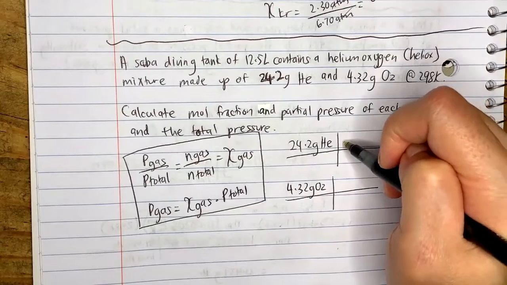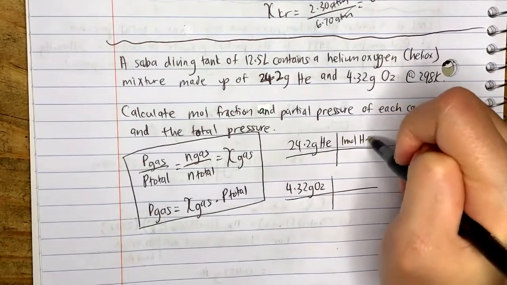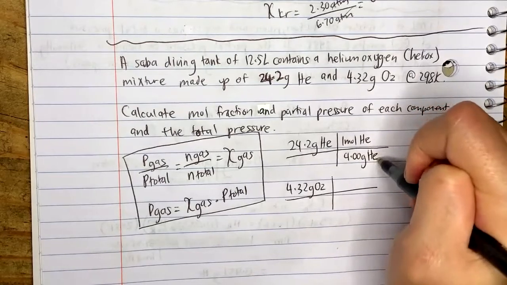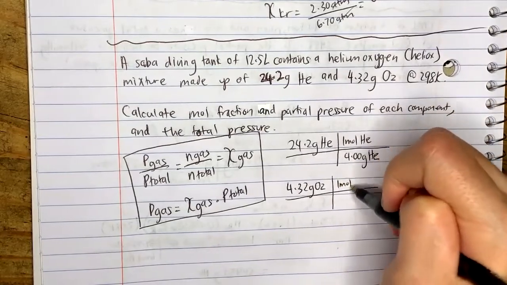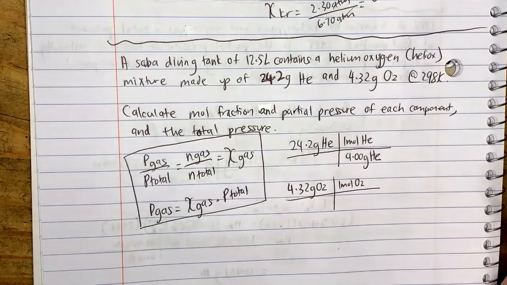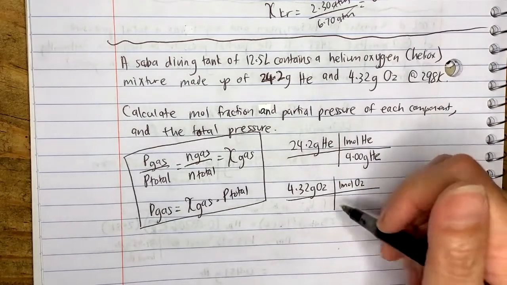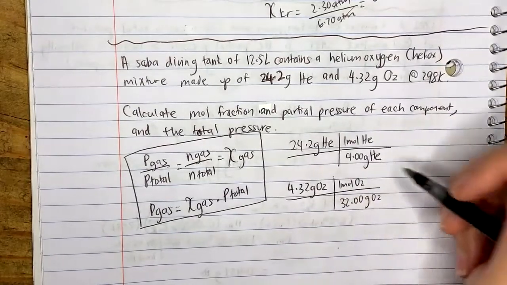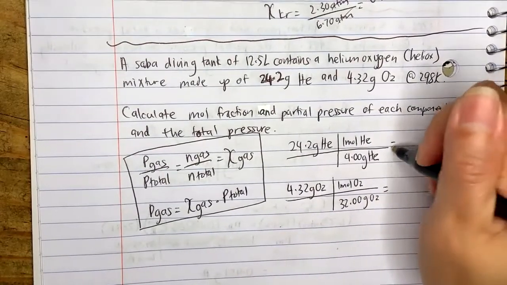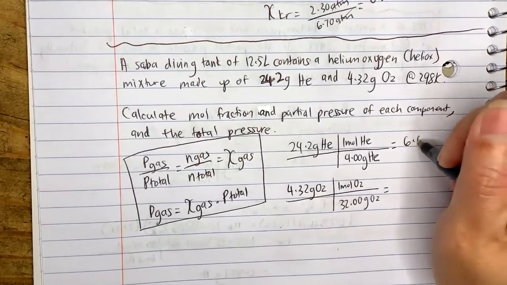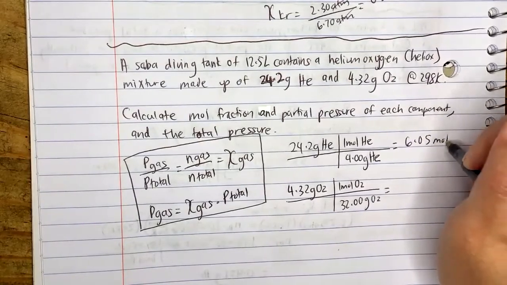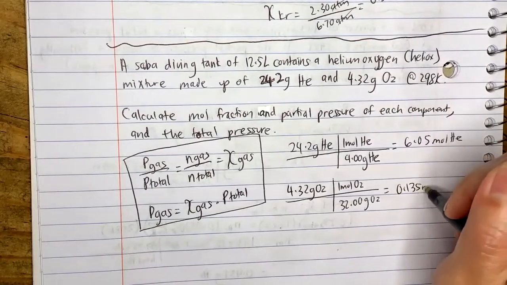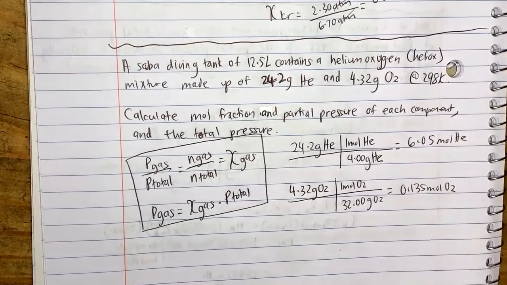Helium, the molar mass: 1 mole of helium is 4 grams from the periodic table. 1 mole of oxygen, a lot of people forget and put 16. There are 2 oxygens there, so it's 32. Don't forget that. That's a pretty common mistake, surprisingly. But this one is 6.05 moles of helium, and then you get 0.135 moles of O2 gas.